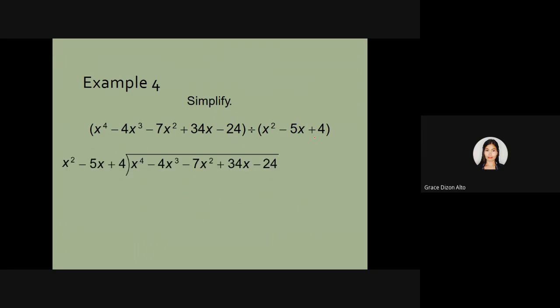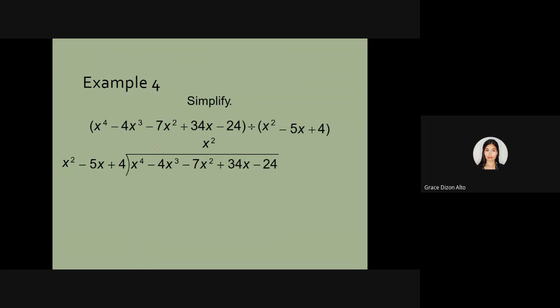So writing in that format, we will get to divide x to the fourth by x squared. So our answer is x squared. We will be writing it above our x squared term or our term in the dividend with 2 as its exponent. So remember, we have 5 terms in our dividend.